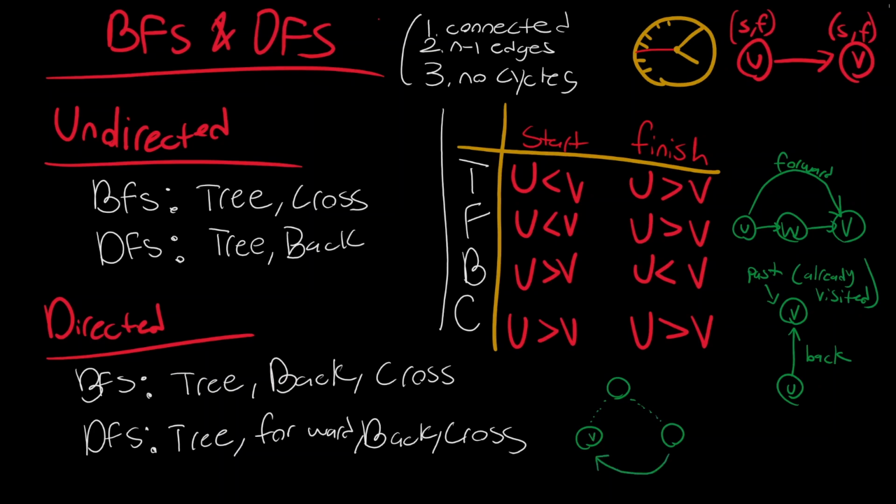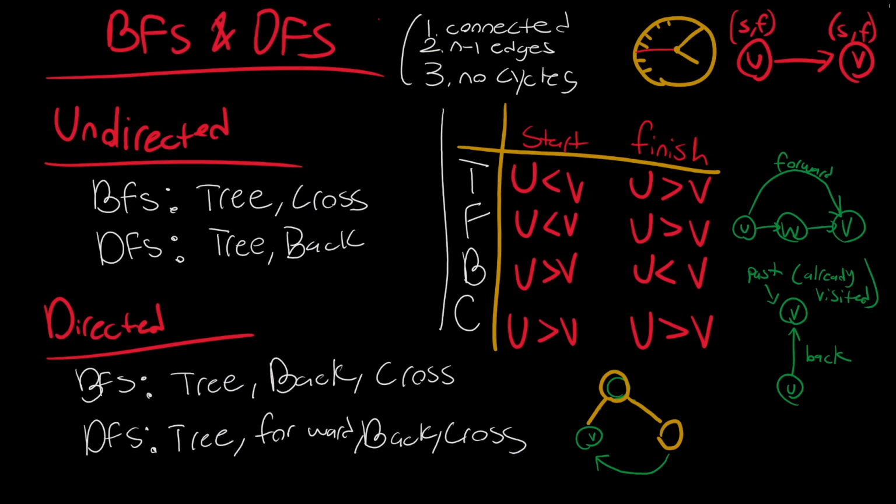So this is V, this is U, and remember that this is actually part of the tree. And this V here, or this U here, I'm starting to mix up my U's and V's now.